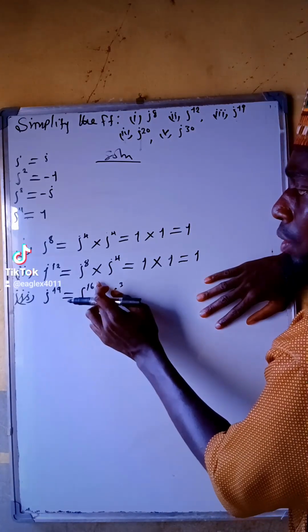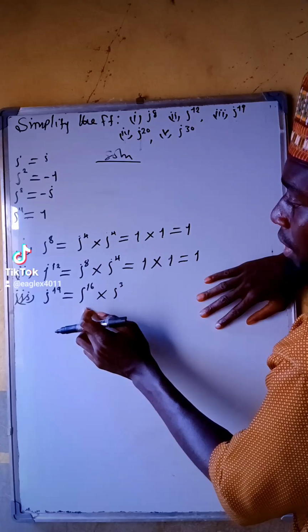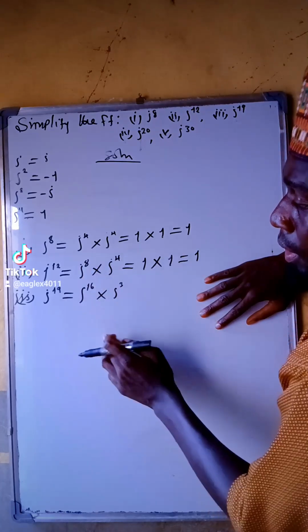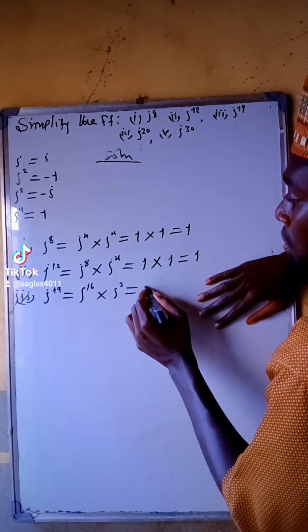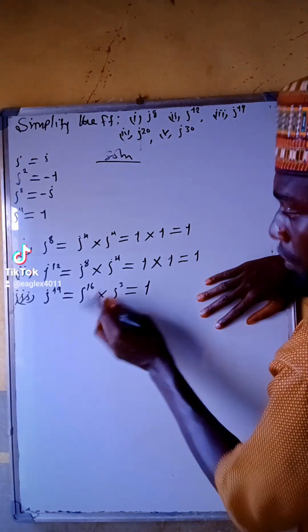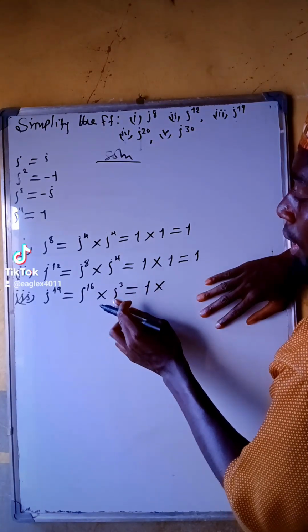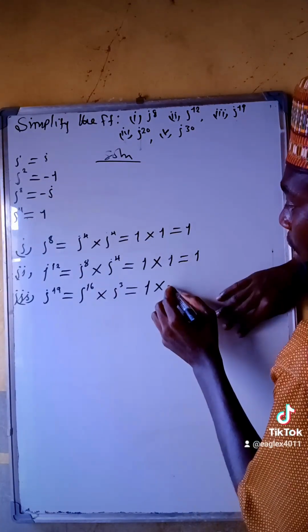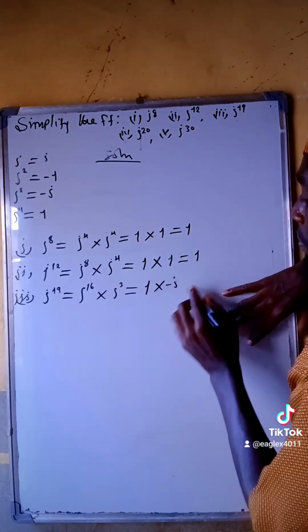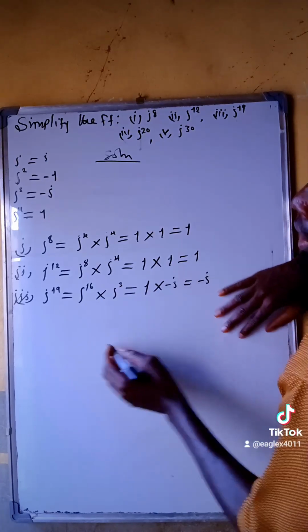Then i raised to the power of 16 is the same thing as 8 times 8, which is 1 times 1, equal to 1. So 1 times i raised to the power of 3. Don't forget, i raised to the power of 3 is equal to minus i. And 1 times minus i is the same thing as minus i.